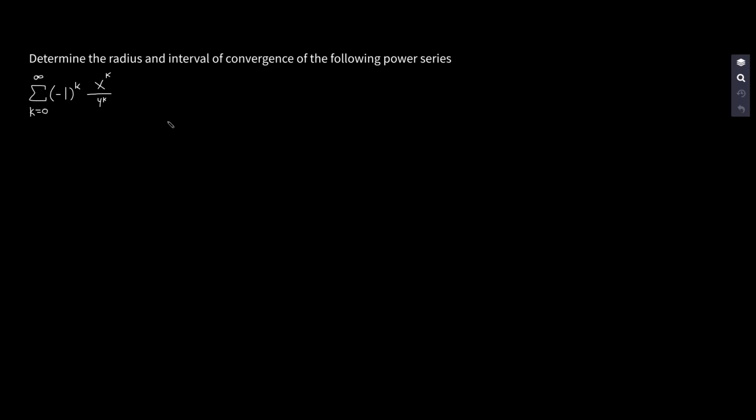Since we have k in both the numerator and the denominator of this fraction here, and the x and the 4, I think that the terms will simplify. And so, hold on to get my sensitivity right. So let's run that ratio test.